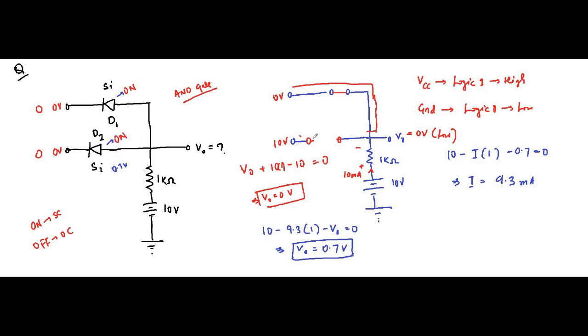So either way there will be a short circuited path in between 0 volt and the output point.